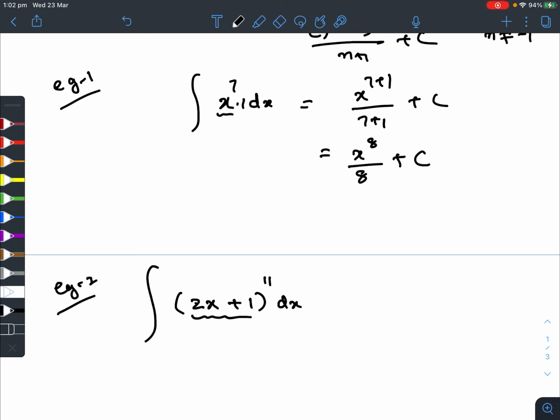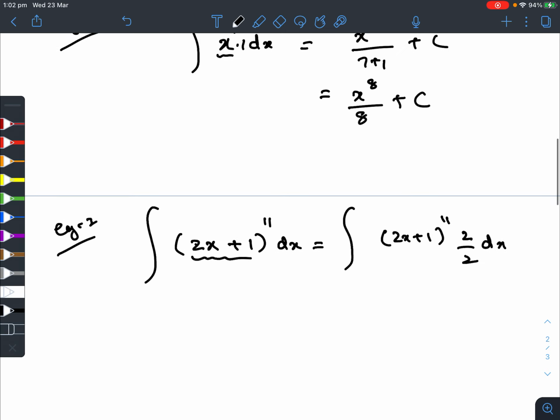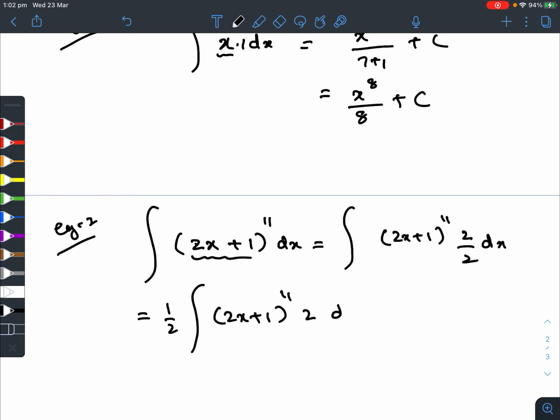The derivative of 2x plus 1 is 2, and because this is a constant, we can compensate for this derivative here, which is 2 by 2 times dx, if you want to apply rule 2. So that can be written as 2x plus 1 to the power 11 times 2 dx.